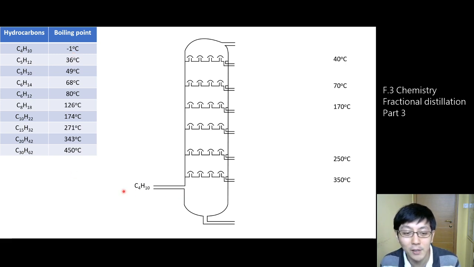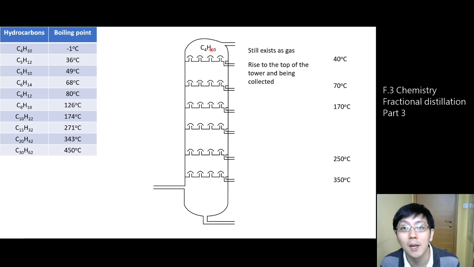So when C4H10 is put inside the fractionating tower, it will just go up, and nothing can stop it. And the top part of the fractionating tower is still 40 degrees Celsius. It still exists as gas. So it goes to the top part and is collected at the top part of the tower.